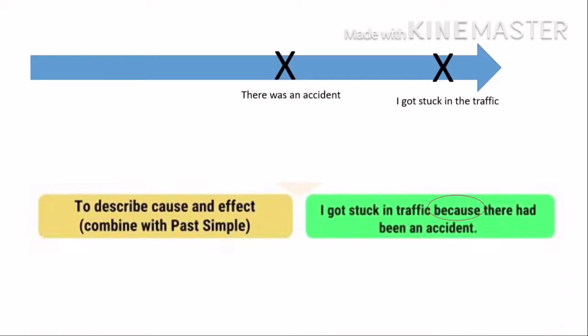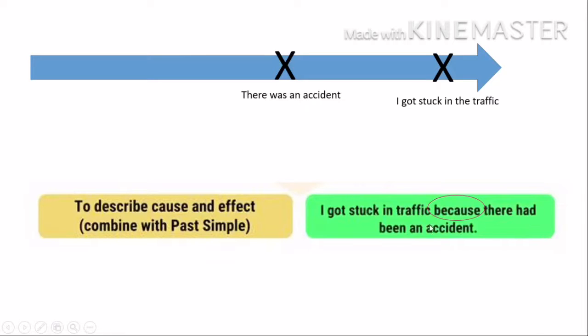Let's see another example. We have this event: I got stuck in the traffic. But an action that happened before is there was an accident. So I also use narrative tenses to describe cause and effect, and we have to combine with past simple. The first action, I got stuck in the traffic. But there was an action before that, and I have to use past perfect.